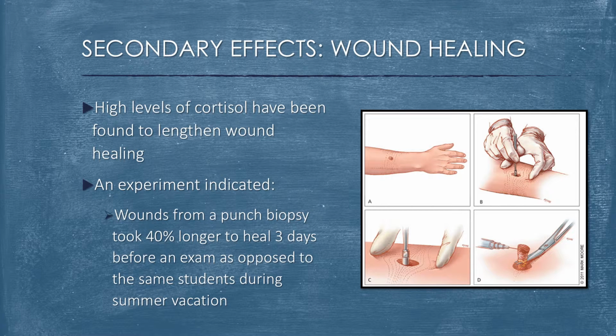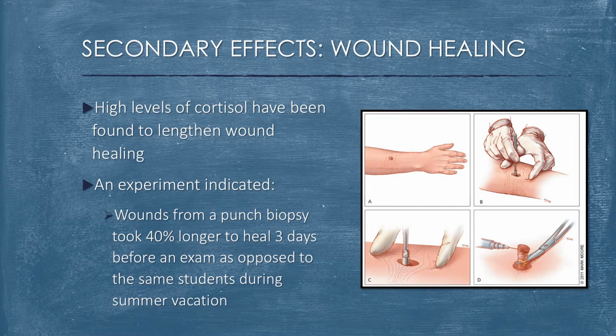And we know so far that 3 days before an exam, you'll be very stressed out, which means there will be a high level of cortisol. What they detected was that the same students who had their punch biopsy taken 3 days before the exam, the wound took 40% longer to heal. While if the same experiment was conducted in the summer vacation when cortisol levels are low, it was 60% faster.